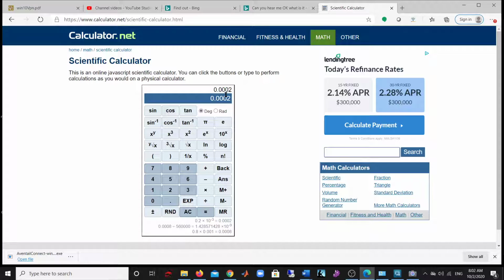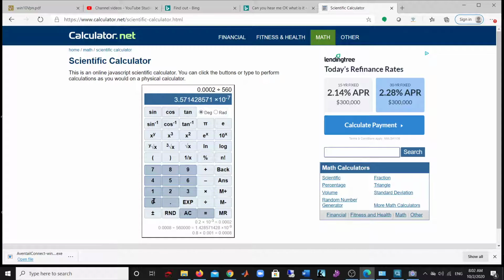In order to get the current through the resistor, this is the voltage divided by 560,000, right? So I have that much current going through the resistor and the diode because they are connected in series. So this is the first ID, the current through the diode.